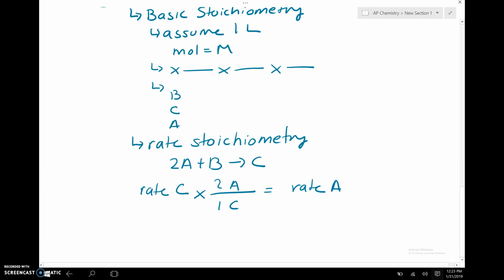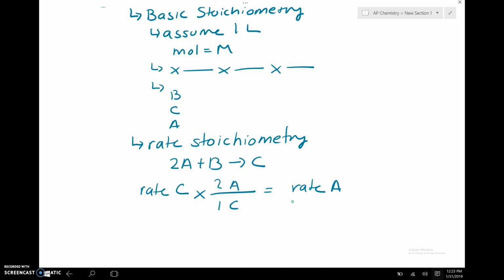For some reason, these stoichiometry problems, both the basic stoichiometry and the rate stoichiometry problems, are ones that students miss. So I'm hoping by reviewing it like this, knowing that it's likely to be asked about, you can remember that, because nothing about calculating these rates is difficult. I find most students just aren't in that mindset because they're still thinking about determining orders and determining K and so forth.